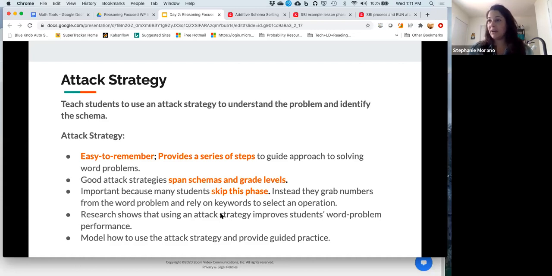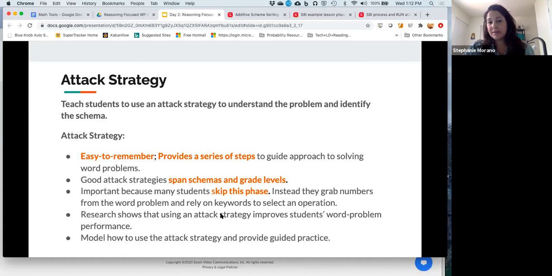They don't necessarily think through what the problem is asking them to be able to retell it in their own words or find the question. So this part of the process really teaches students to slow down, really read and process the problem, take it in to get ready to move on to the steps where they're going to solve.